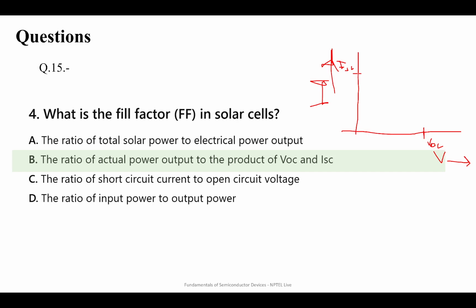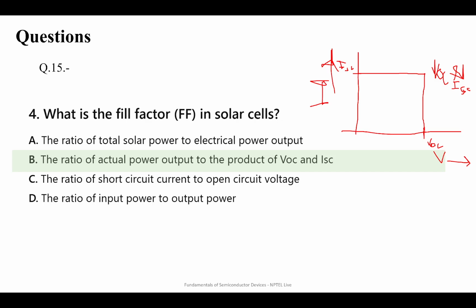Sir, there is a rectangle. Yes, a rectangle. At this point is my VOC, and the power output at this point will be VOC into ISC, right? Yes, sir. This is the theoretical maximum power output I can get for this solar cell.